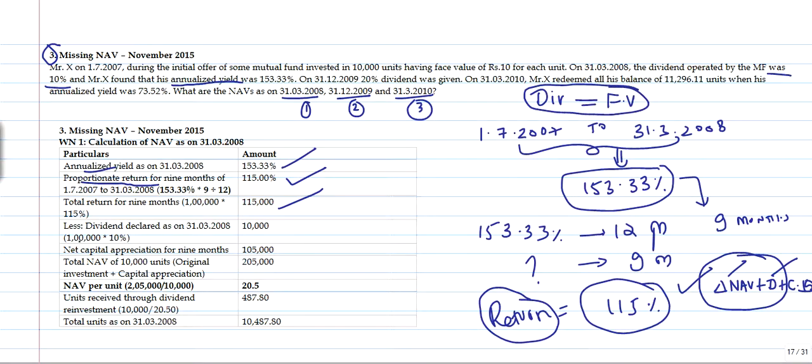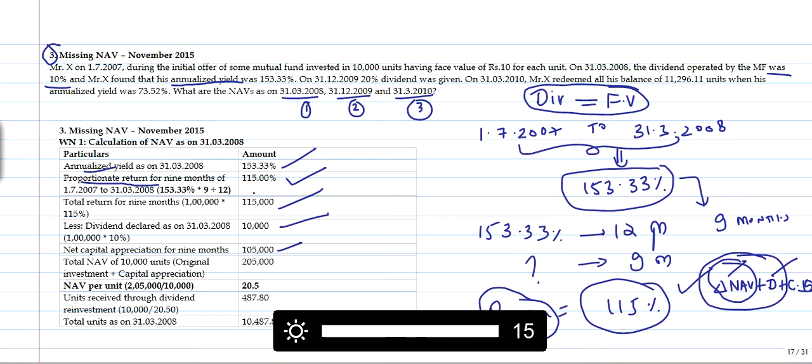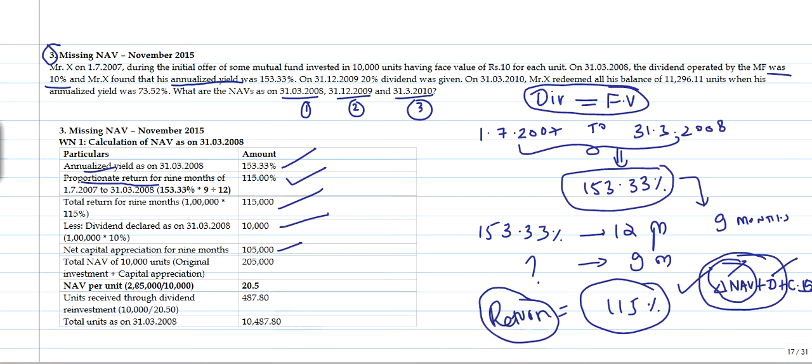So on 1 lakh, 10% you will get 10,000. From 1 lakh 15,000, less 10,000 dividend, the others are appreciation of NAV. Net capital appreciation for 9 months is 1 lakh 5,000. 1 lakh 5,000 plus 10,000 is 1 lakh 15,000. Total NAV of 10,000 units is 2 lakh 5,000, that is opening investment plus capital appreciation.